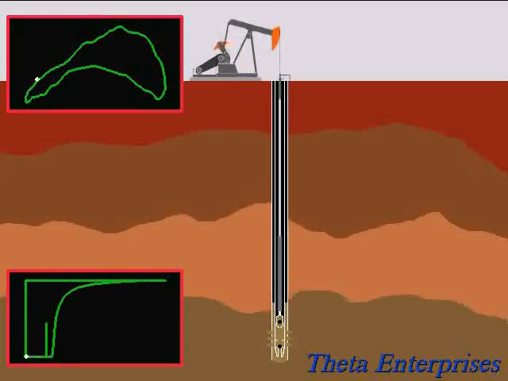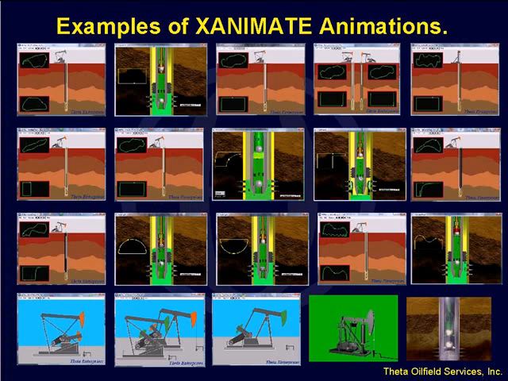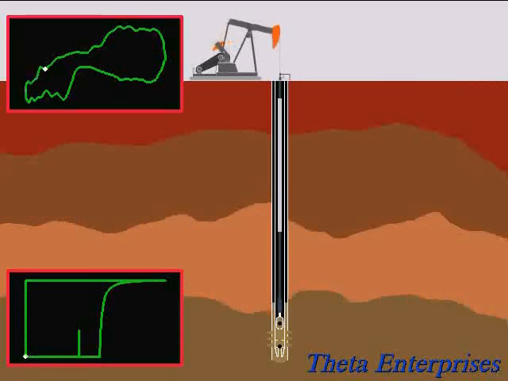As a matter of fact, this was done with Rodstar, and it matched an actual case almost exactly. So it's something that's there. And here is another example of another case with fluid pound that also has that spike, the reflection of a sinker bar.